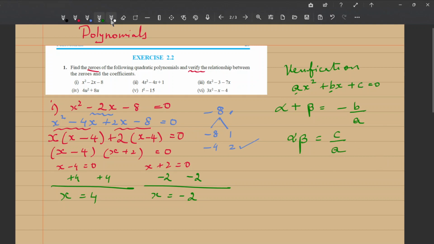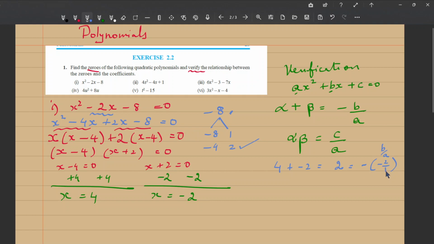So let's check whether these two roots 4 and minus 2 satisfy this relationship. 4 plus minus 2 is equal to 4 minus 2, which is 2, right? Yes, 2 is equal to minus of minus 2 by 1, which is minus b by a. This is your b by a, isn't it?